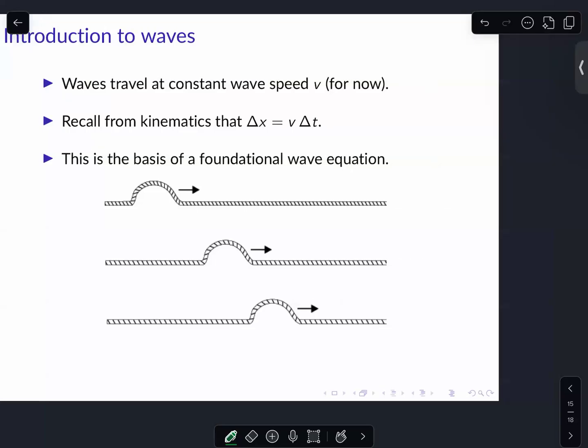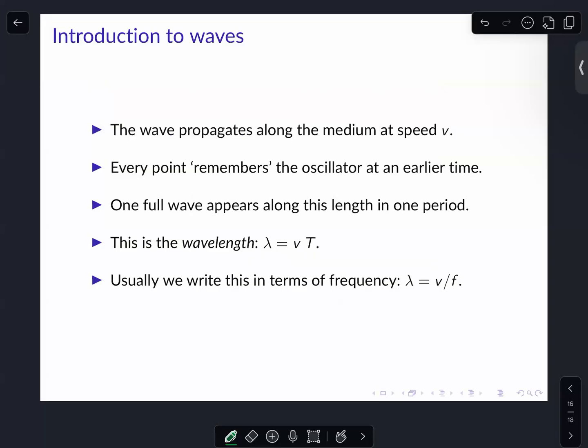Let's play with this. I just said v is the speed of propagation, and that's not changing. Let's think about what distance and time even refer to. In particular, I'm going to think about one period worth of time.